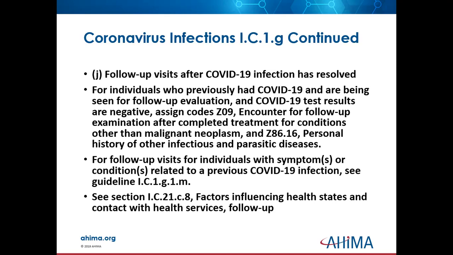Once patients recover from COVID-19 and they're seen for an evaluation and looking to see if they test negative, the code would be Z09, encounter for follow-up exam after completed treatment for conditions other than malignant neoplasm, or Z86.16, personal history of other infectious and parasitic disease. So in other words, you'd use both the Z09 and the Z86.16.